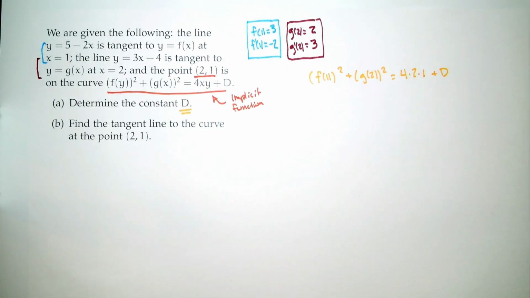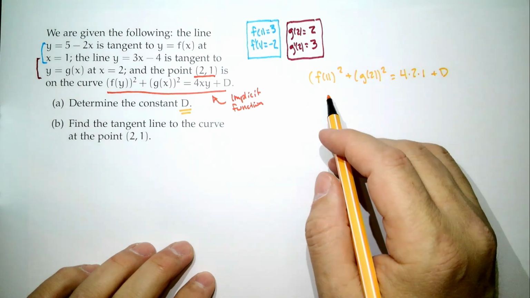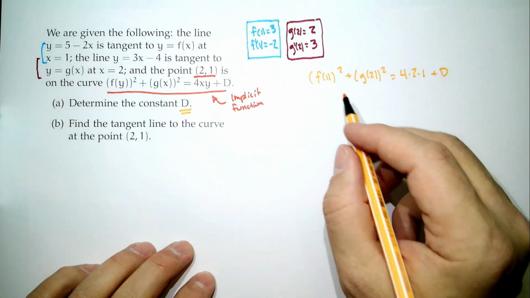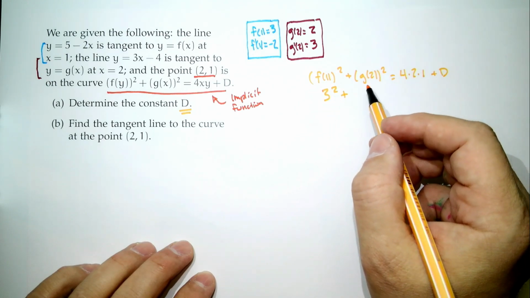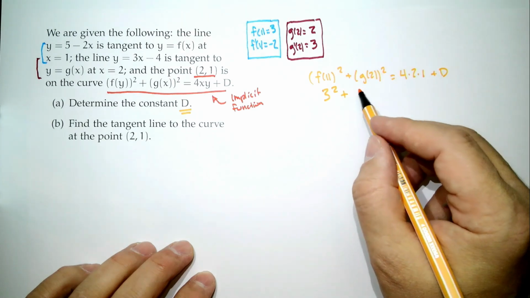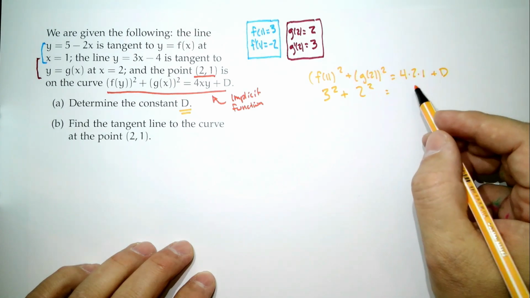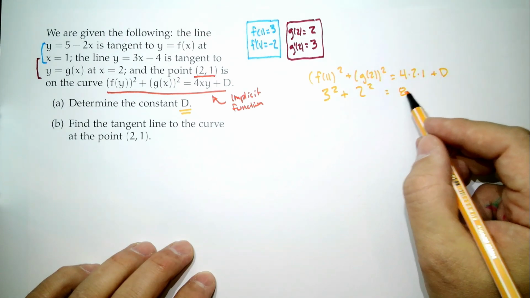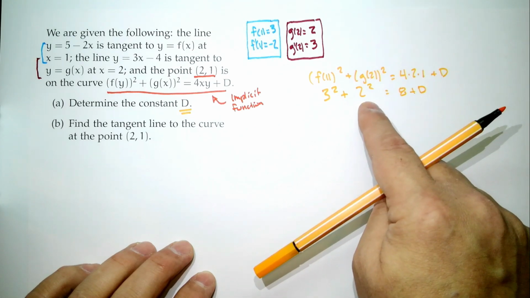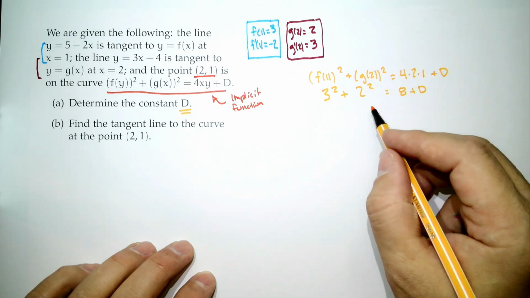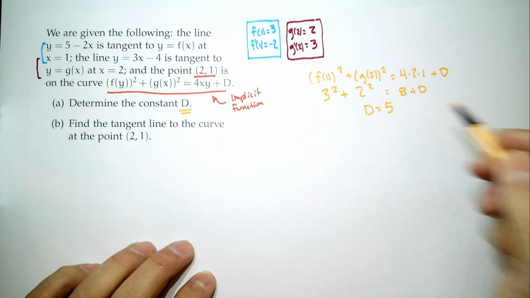Hopefully we know what these things are. Do we know f of 1? Yes, it's 3. So 3 squared plus g of 2, which is 2, squared is equal to 4 times 2 times 1, which is 8, plus d. So that's 9 plus 4, which is 13. Subtract 8, and we see d should be 5.